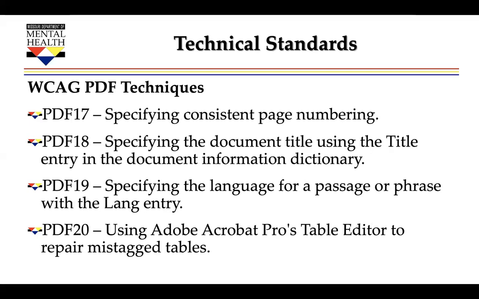Technique 17, specifying consistent page numbering. I don't know if you've ever seen a PDF where, if you look at the toolbar at the top of the PDF page, it'll tell you what page of the PDF you're on.